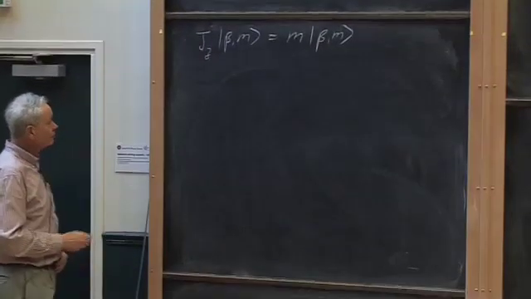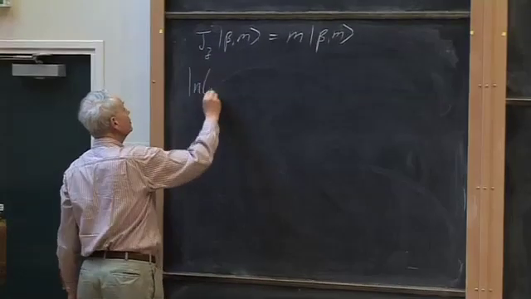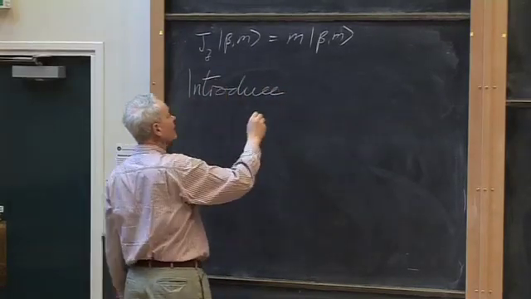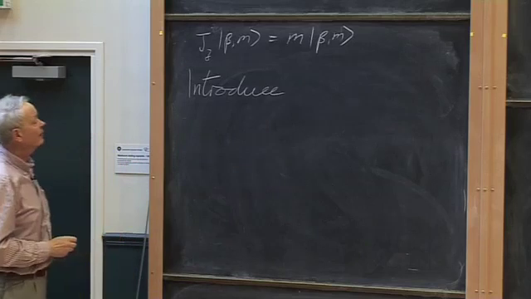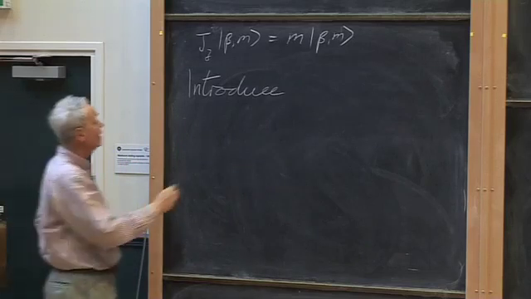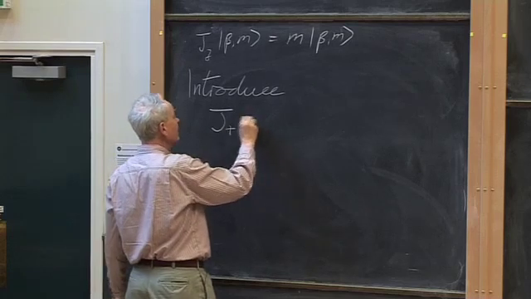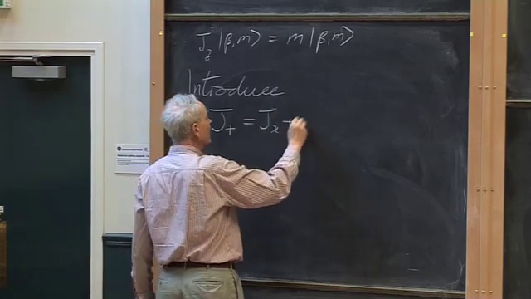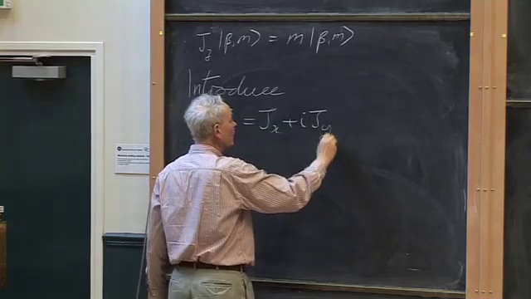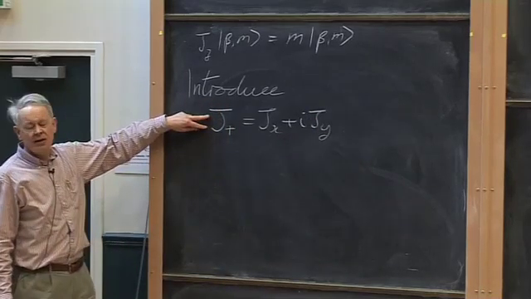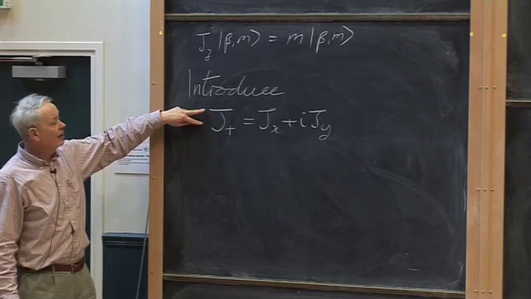Okay. Now we introduce some ladder operators. We're going to follow a line of reasoning that's very similar to how we got the eigenvalues of the Hamiltonian of a simple harmonic oscillator. We're going to introduce J plus as Jx plus i Jy. This is a little bit analogous to when we introduced in the simple harmonic oscillator the destruction operator.